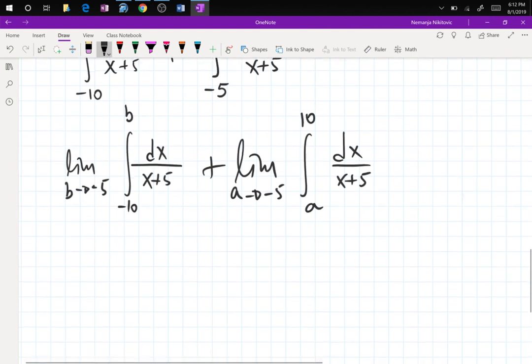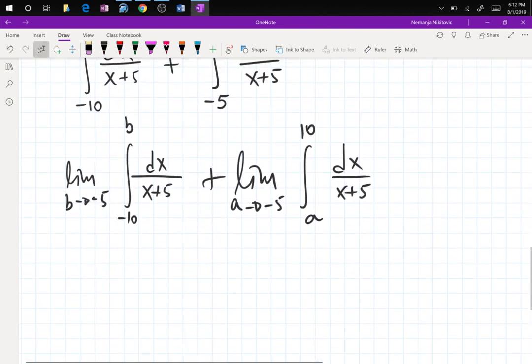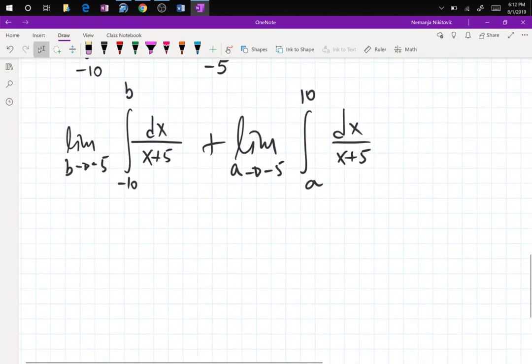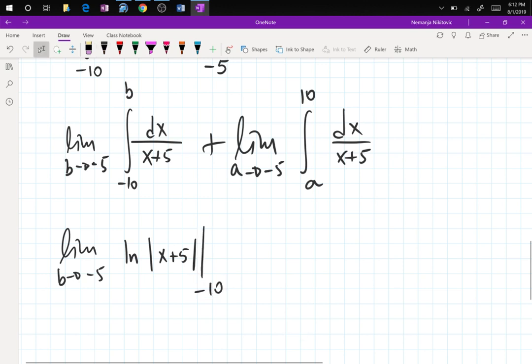And now you see that when you plug in the values, I mean, you integrate first. Limit b goes to -5. When you integrate here, you get the ln of x plus 5, and that's calculated from -10 to b.